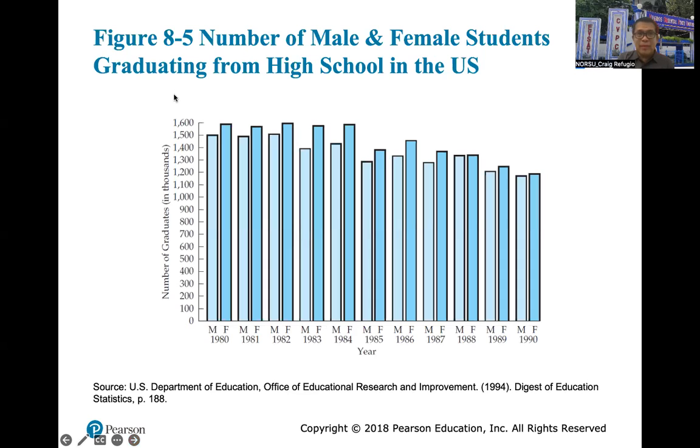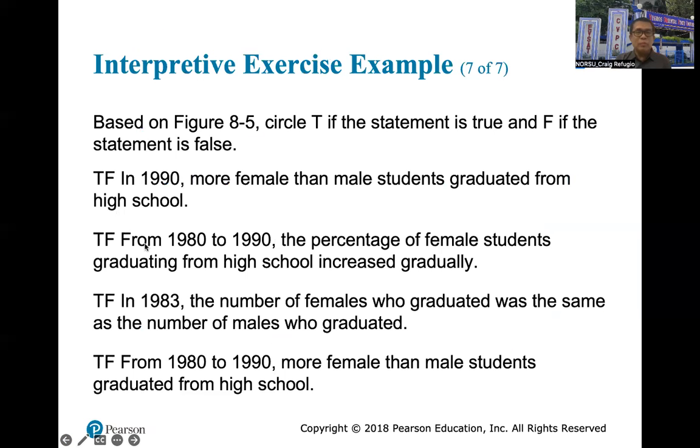So looking at the graph, figure 8-5, you're going to look at the y-axis and the x-axis together with the heights of the graphs. And by analyzing the data found in the graph, one can answer number 1, number 2, number 3, and number 4.